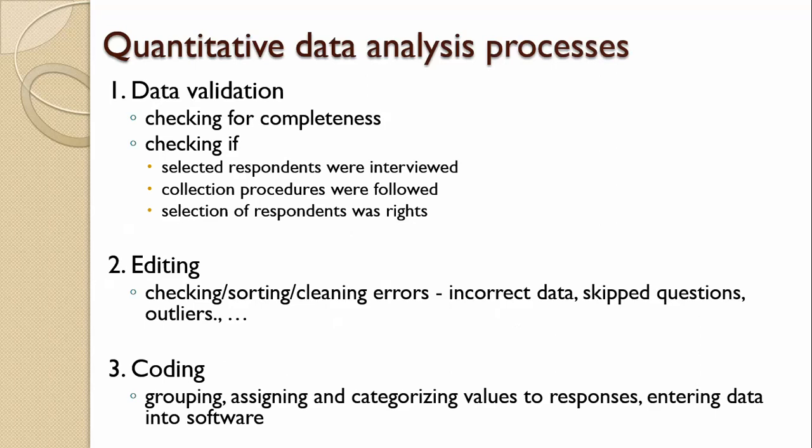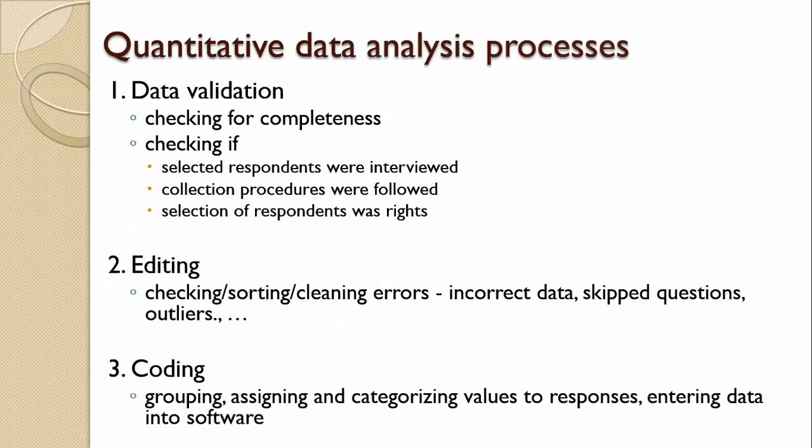And then after you have validated your data, you edit by checking, sorting, or cleaning errors. And errors could be, for instance, missing data or incorrect data or skipped questions that were not answered, or you're checking for outliers that are beyond what you expected. And then you edit and sort that so that you have clean data which can easily be analyzed. Then you code. Of course, some questionnaires or surveys are given prior codes before they are distributed.